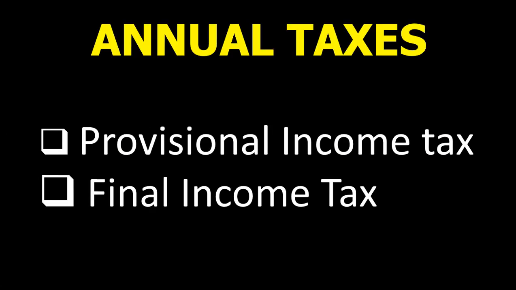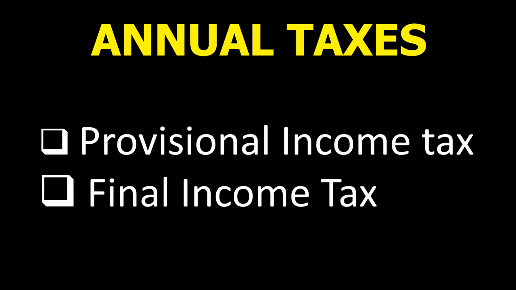Now, there are two forms of taxes that you need to pay on an annual basis, and one is provisional income tax. Provisional income tax is like you are assuming that you will make a certain amount of profit or income at the end of the year, but you haven't entered into that year.